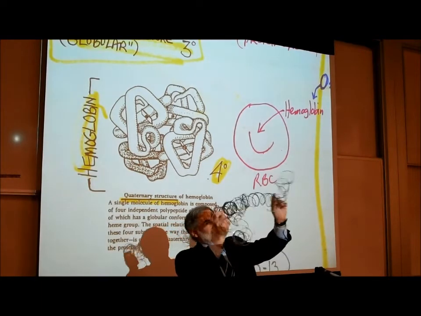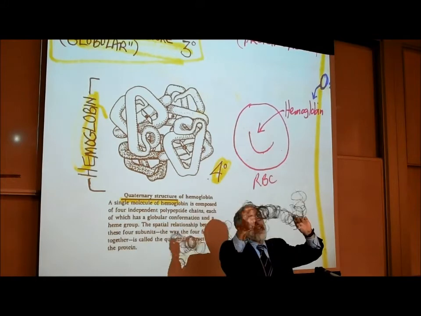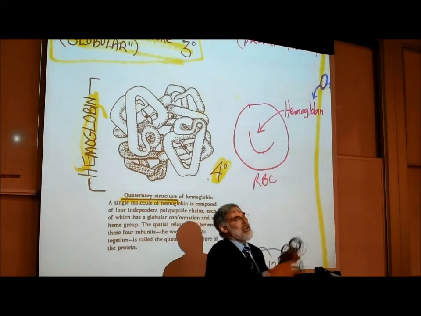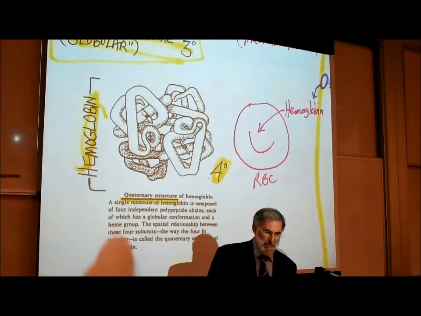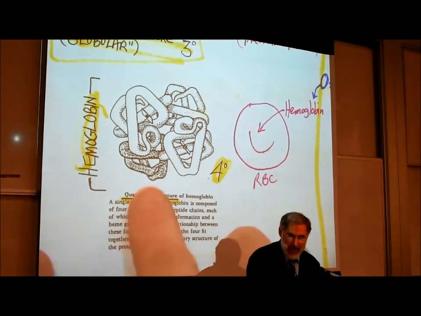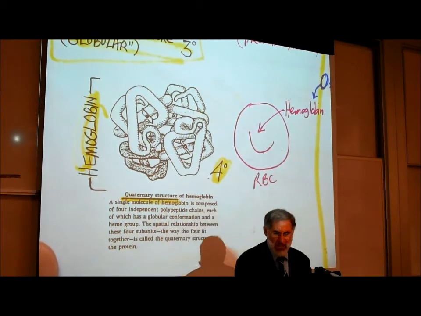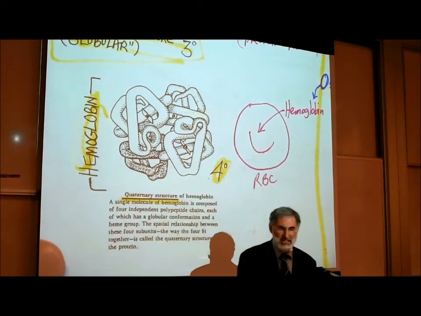So I didn't bring another messed up slinky like this, but if I had another slinky just like this one and I twisted the 2 together, we would call that a 4th level or quaternary level. In fact, in the case of hemoglobin specifically, hemoglobin is actually made up of 4 globular or twisted up slinky-like proteins twisted together.